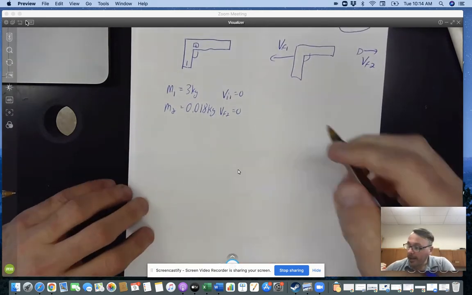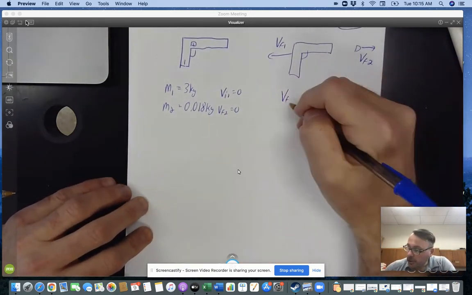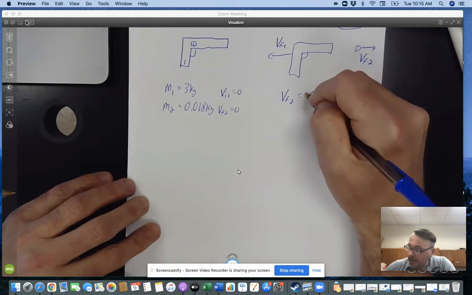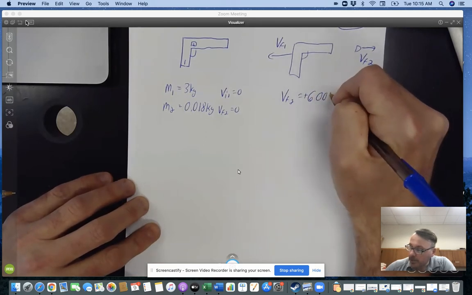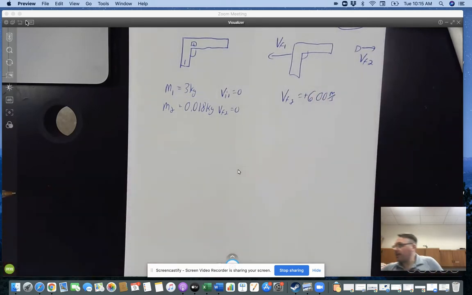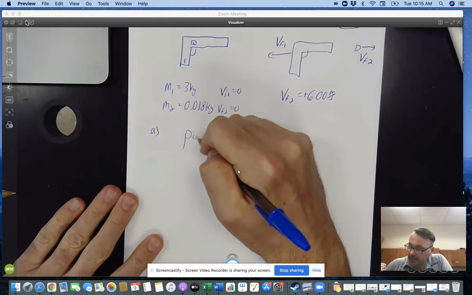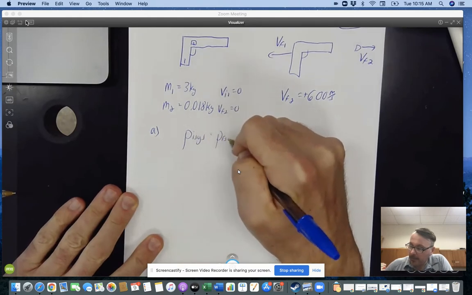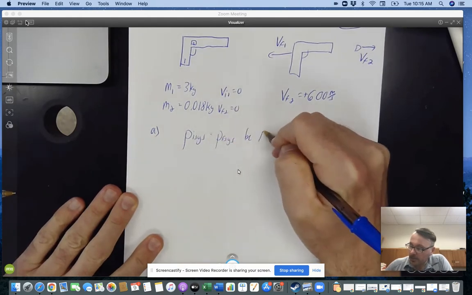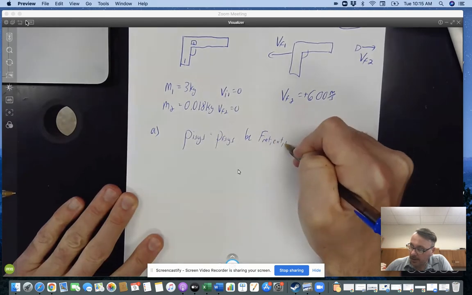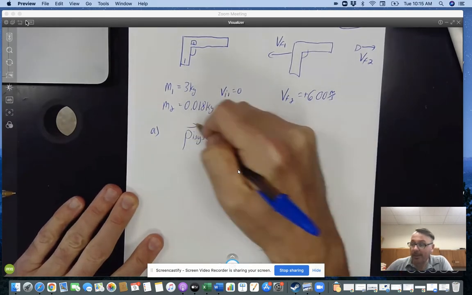Now I know VF2 is equal to positive 600 meters per second. From here, I'm going to set up my conservation of momentum. So I know that PI of the system is equal to PF of the system because the net external force on the system is equal to 0. Now let's talk about that practically.